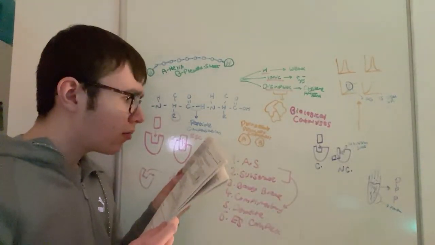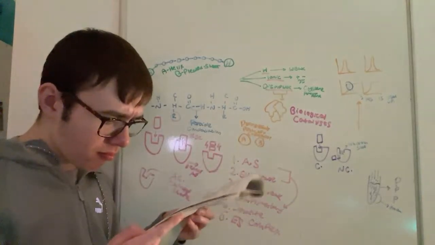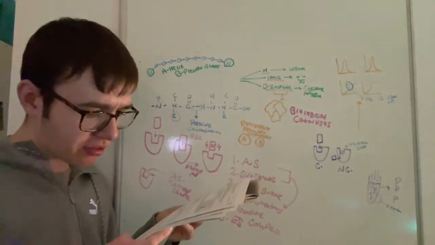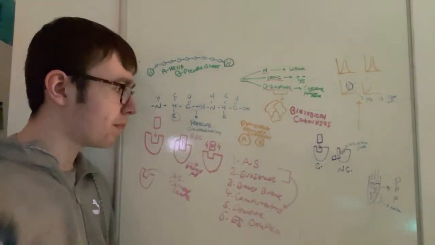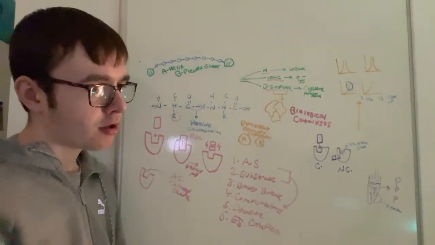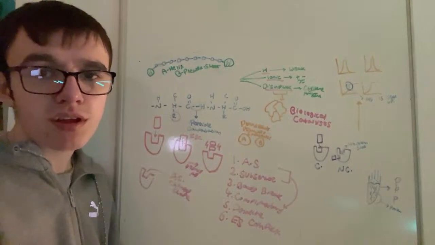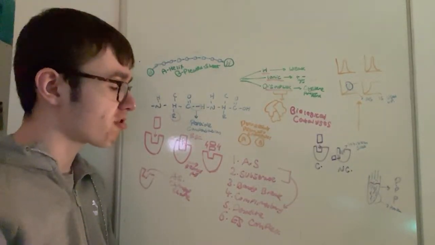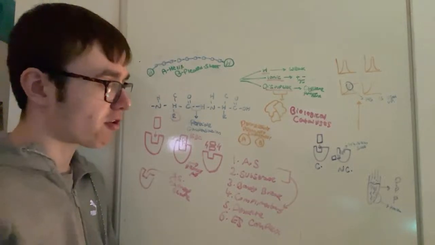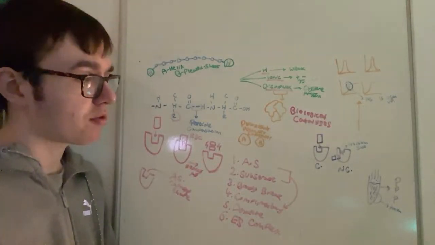Testing for proteins. Describe a biochemical test to confirm the presence of a protein. Okay, 2 marks. Add biuret reagent to the solution. A positive result will be it turning purple.